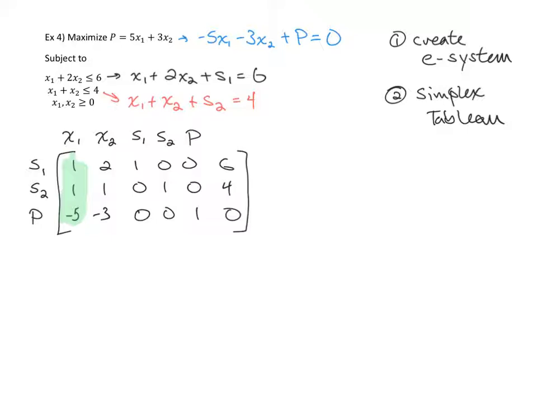Now, in order to find the pivot position, remember, you have to divide the last element in each row, so in this case 6, by the element in that column, 1. So 6 divided by 1 is 6, and you do that for every row except for the last one. 4 divided by 1 is 4. You pick the smaller number, and then you find out that this is where the pivot element is.